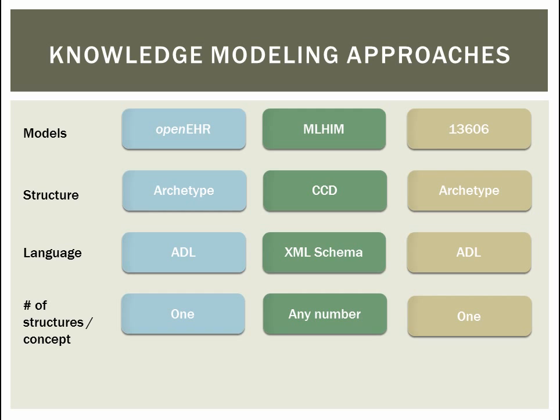You can have only one archetype per concept. That means that the governance model of OpenEHR is top-down. Everything must be centralized because there is only one archetype that can be allowed for each concept in healthcare.